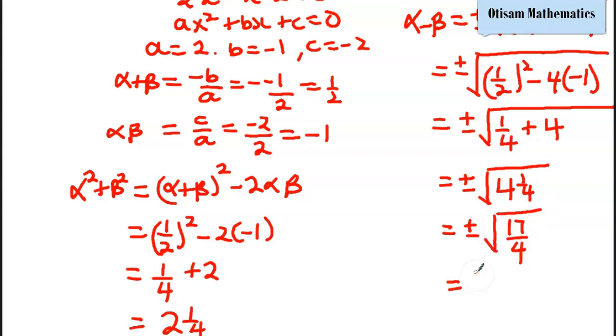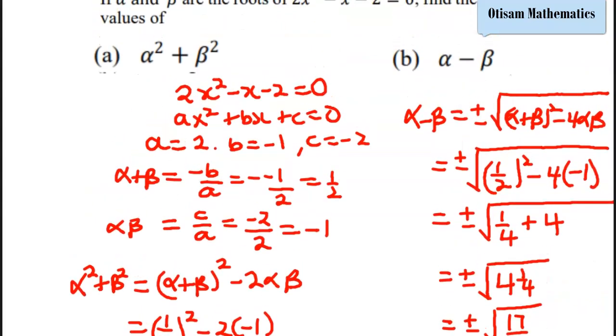Now by the surd rule, we can split it, which is root 17 on root 4. So we are getting plus or minus root 17 on 2. Yes. So that is the answer.